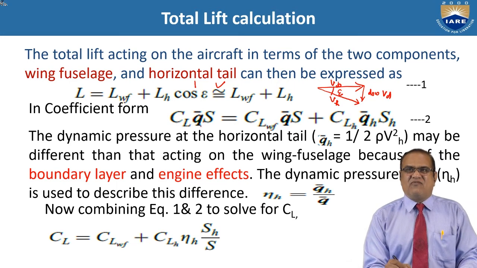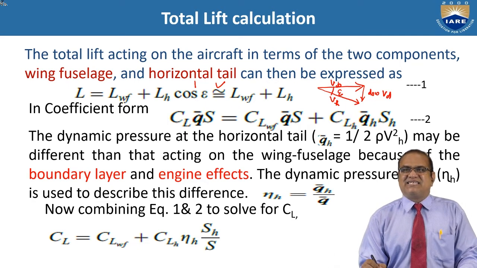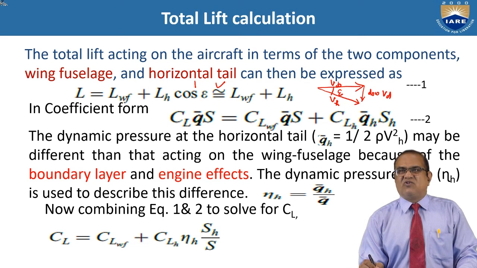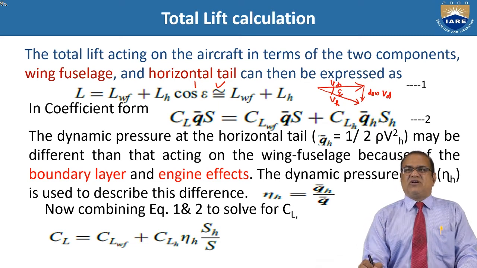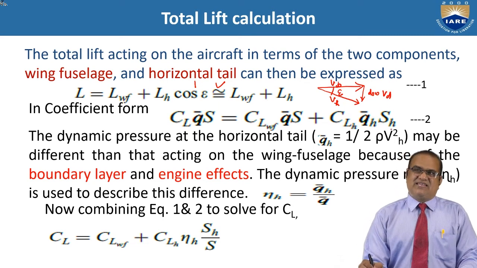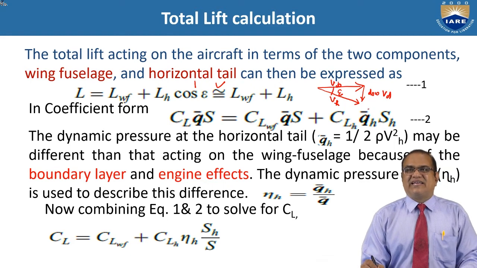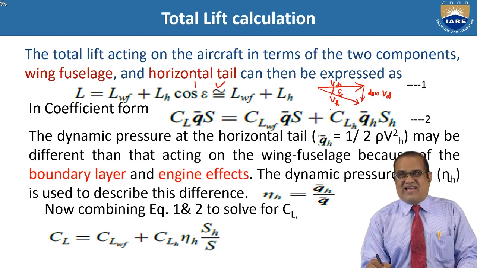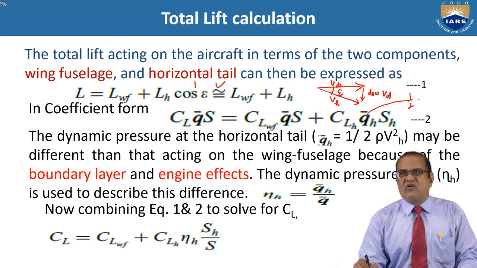So CL half rho V square S plus CL_H Q_H S_H. Here S_H is the area of the tail and Q_H is half rho V_H square. Here we have to take Q_H equal to half rho V_H square into S_H. This we have to take into account.